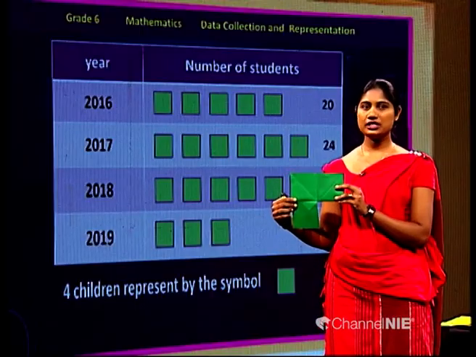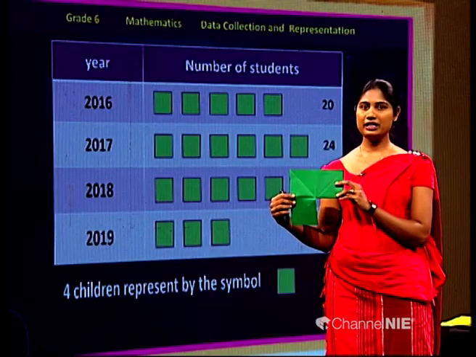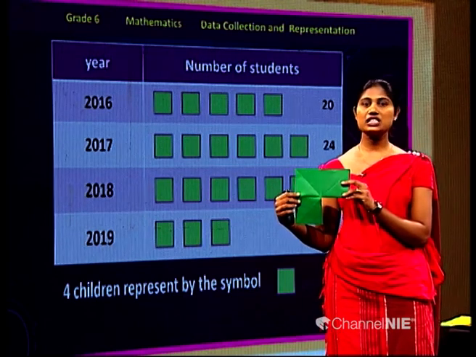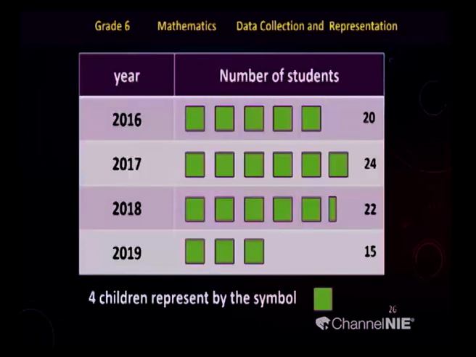We can use this symbol to represent 3 students, because this is 3 quarters of a full square. Okay, children, then we can represent 15 students like this: 3 full squares and that symbol.